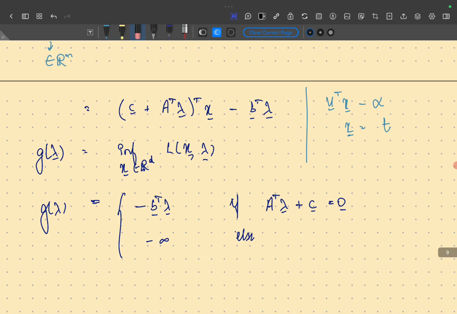So let's take x to be equal to t times u, and let me take the infimum over all t of L of t times u, comma lambda. What is that equal to? That's equal to minus infinity.